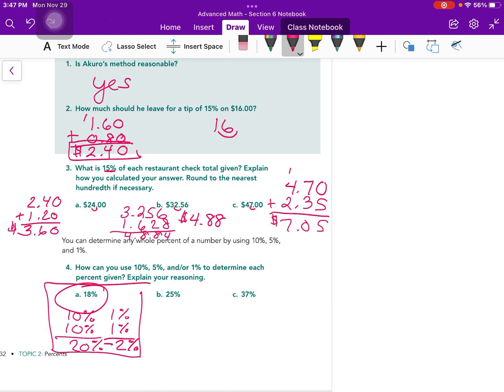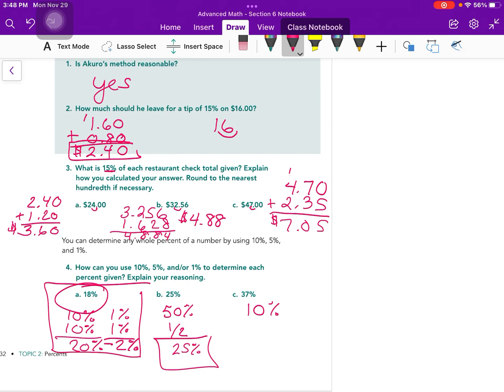What about 25%? Well, if it's 25%, I would probably find 50% of the number, or half of it, and then I would probably find half of that 50% to get 25% of the number. 37%? Well, I know I could find 10%.